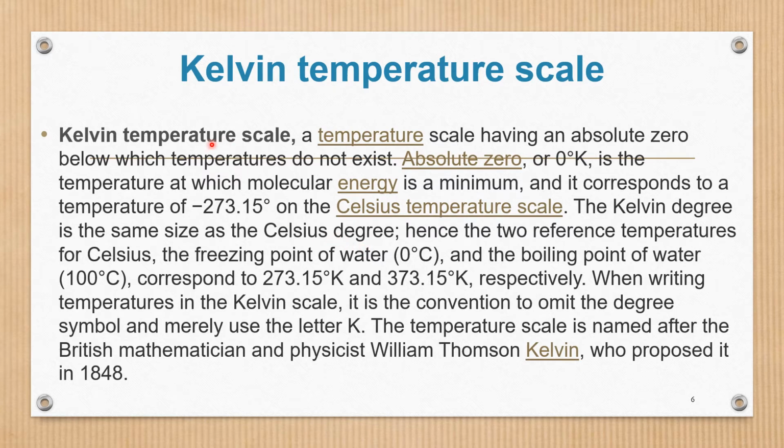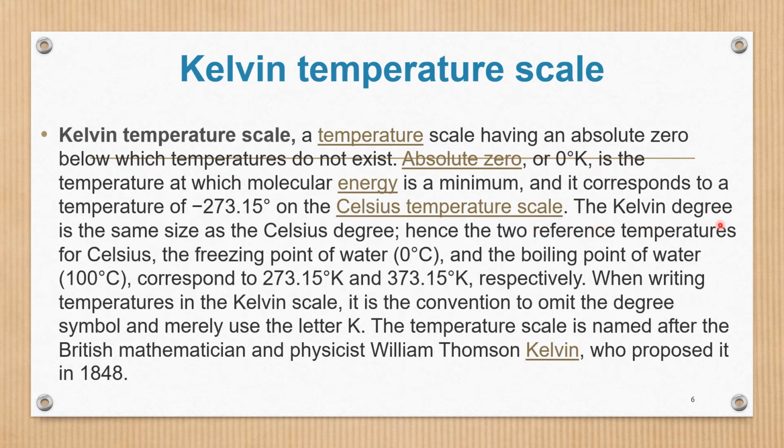Another is the Kelvin temperature scale, a temperature scale having an absolute zero below which temperatures do not exist. Absolute zero, or 0 Kelvin, is the temperature at which molecular energy is a minimum, and it corresponds to a temperature of negative 273.15 degrees on the Celsius temperature scale.